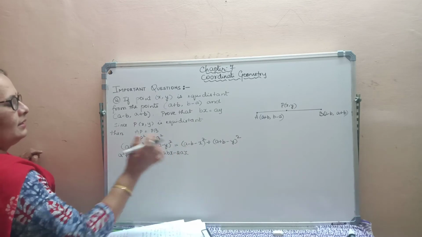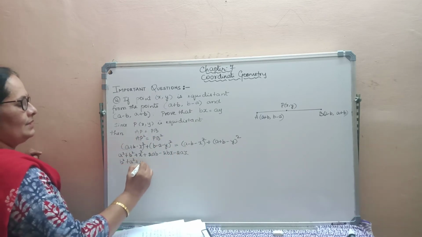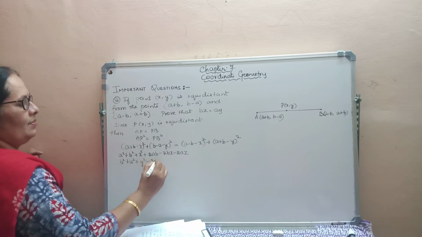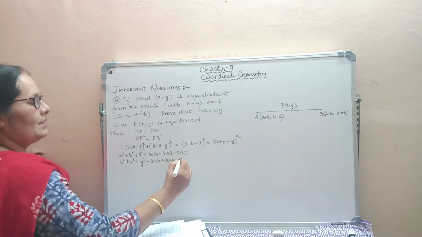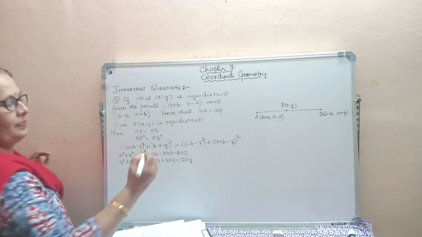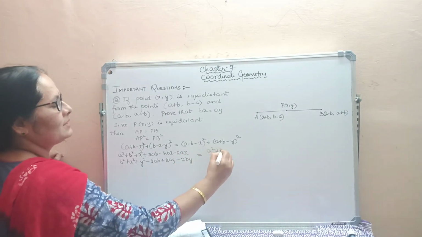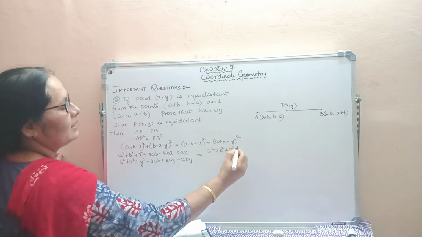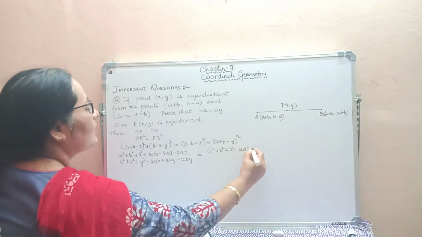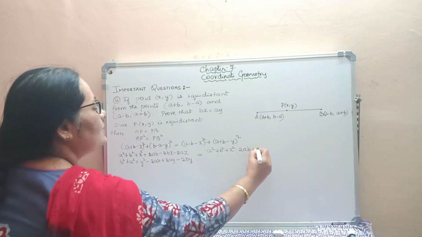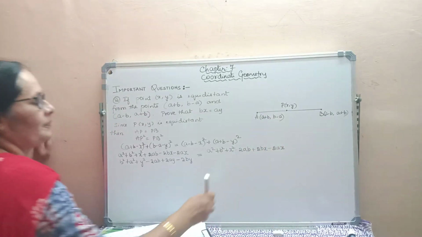Then here b square plus a square plus y square minus 2ab plus 2ay minus 2by equals a square plus b square plus c square, then minus 2ab, then plus 2bx minus 2ax.